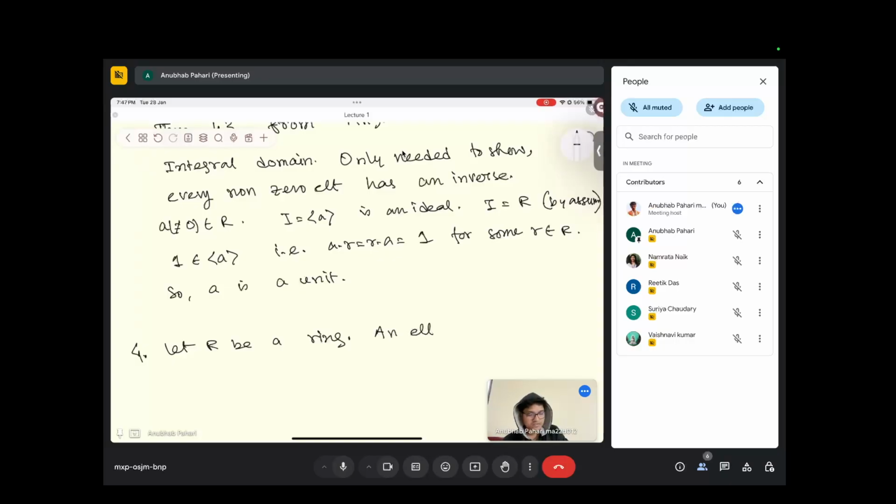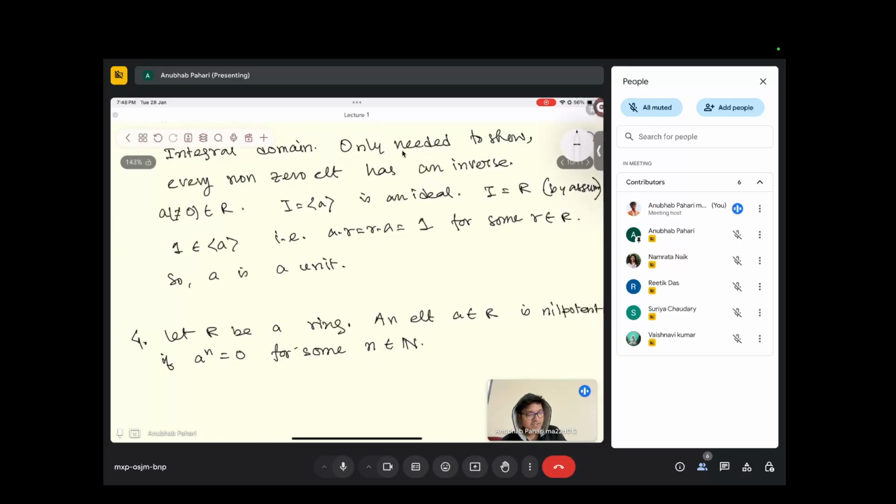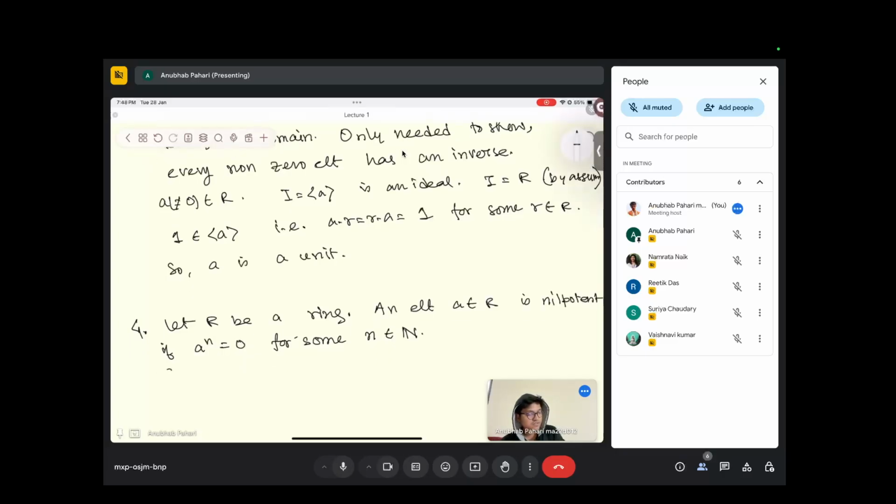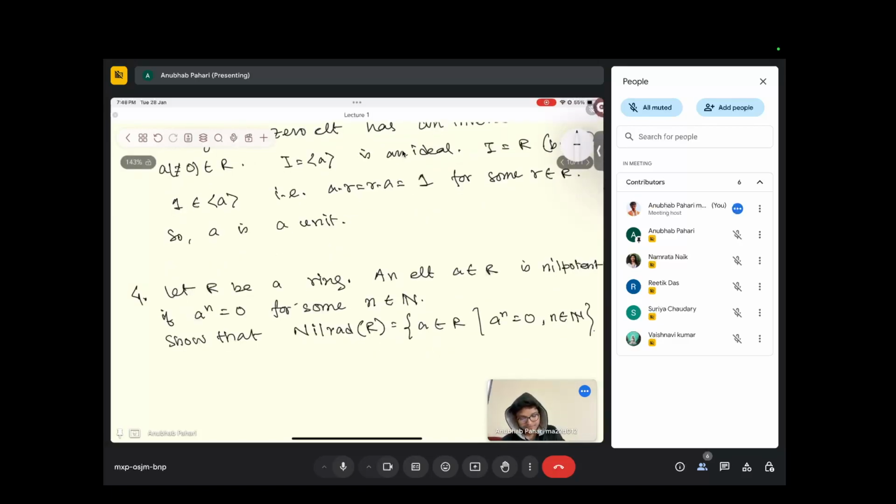An element a of R is nilpotent if a^n equals 0 for some n, natural number or positive integer, so that the nilradical, the set of a belongs to R such that a is nilpotent, is an ideal of R.